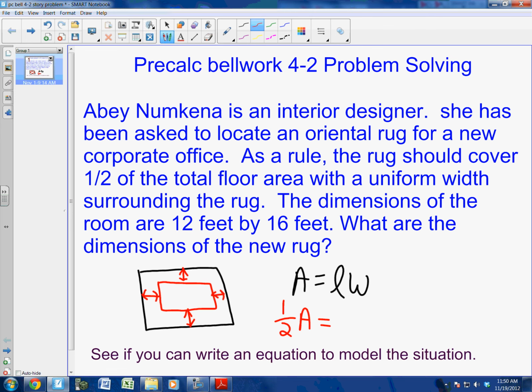What are the dimensions of the room? Okay, 12 by 16. We'll put the longer one as 16. And so if you have a 12 by 16 room, what's the length of the rug compared to the length of the room?